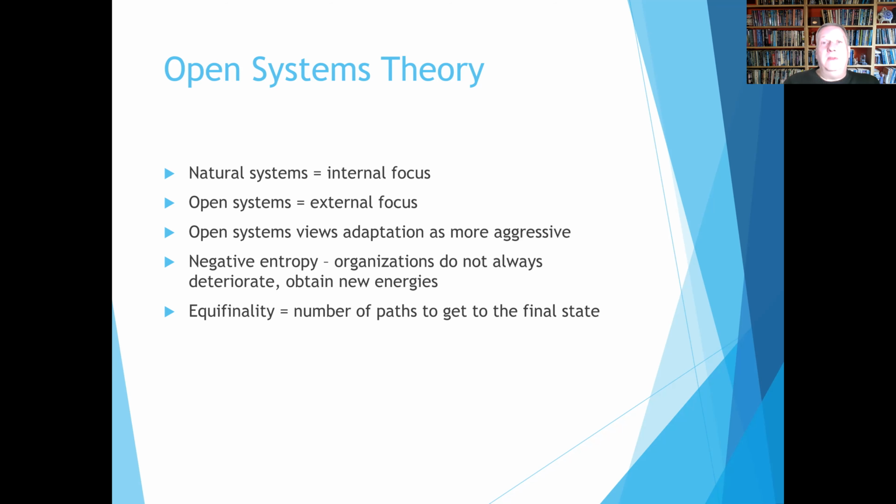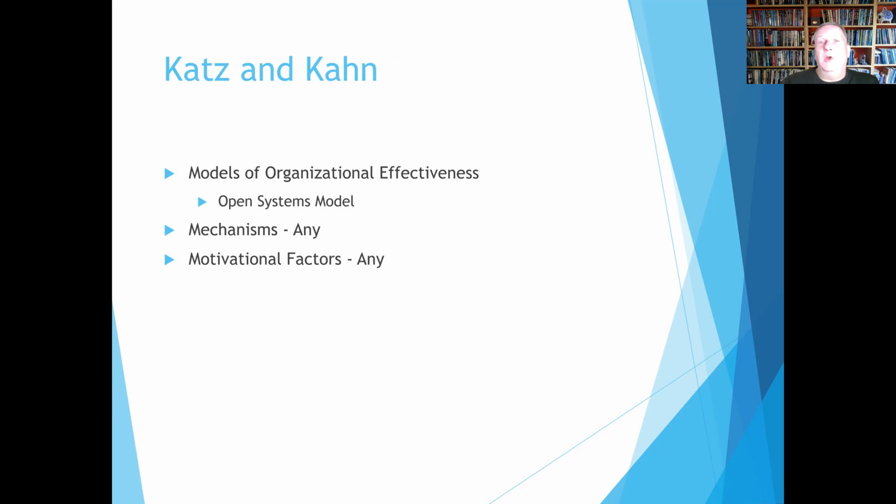But you can see that open systems theory is a much more aggressive type of model because it's looking beyond the walls of the organization. It's not just asking what we do to find a balance within the organization, but now we're asking how we can interact with our external environment, realizing that, yes, the external environment is going to impact the organization.